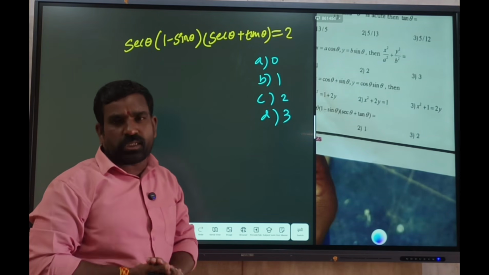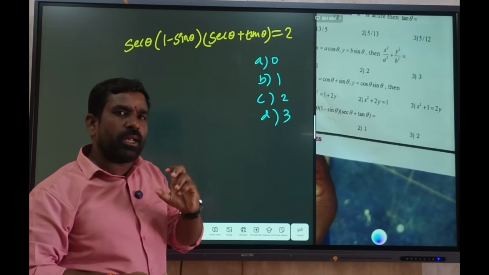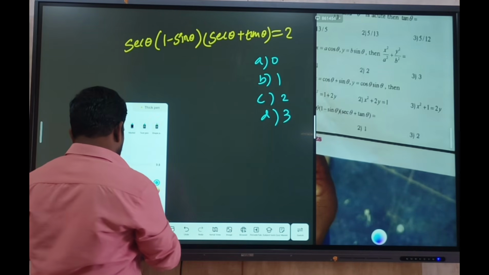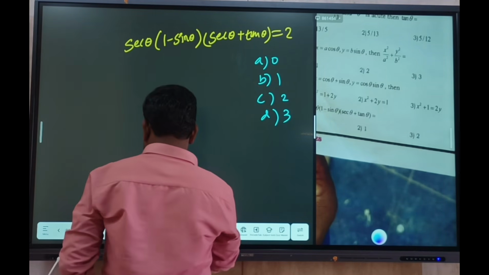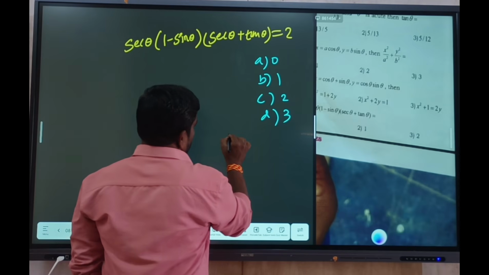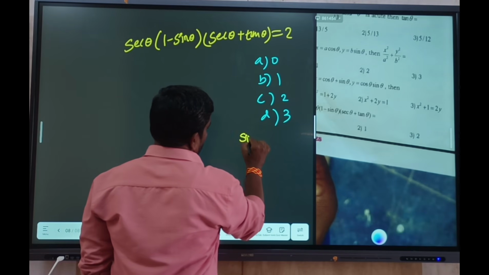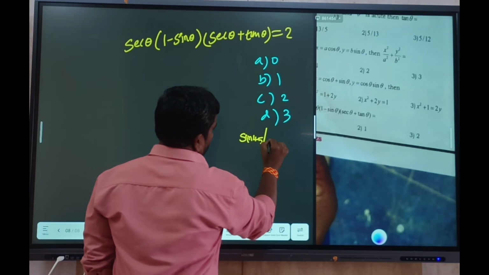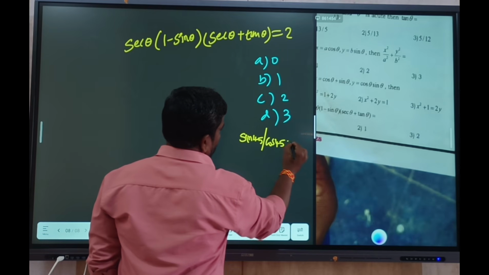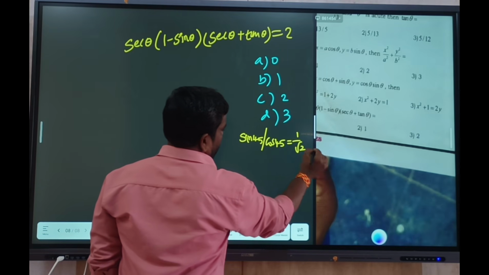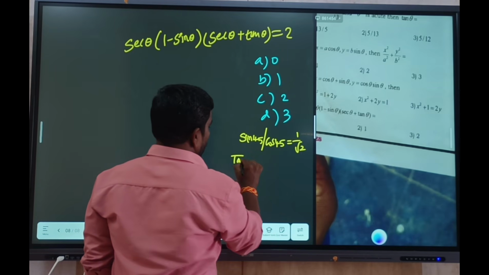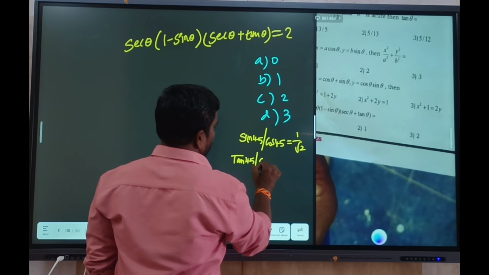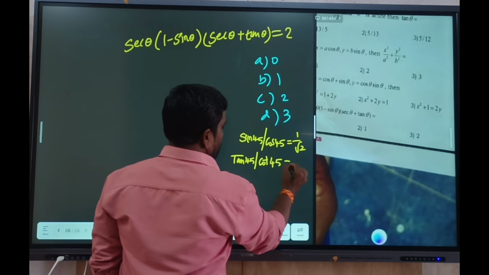Here the trigonometry box is very important. The first important key point in trigonometry: for example, sin 45 degree and cos 45 degree are always 1 by root 2. Next, tan 45 and cot 45 are always 1.